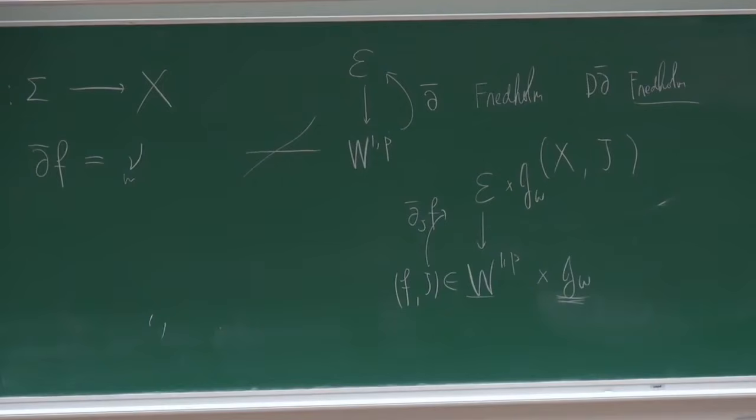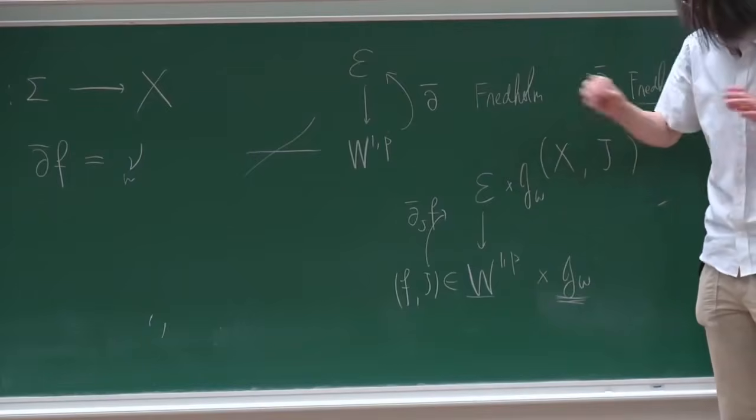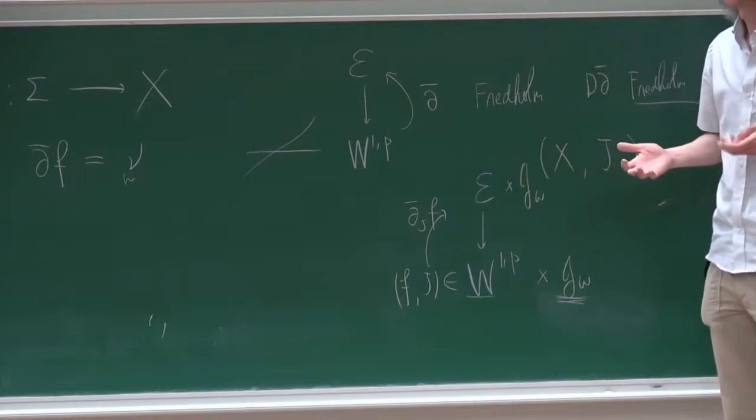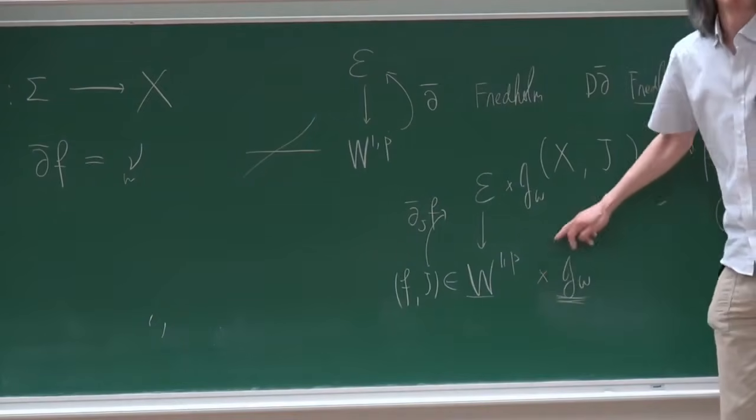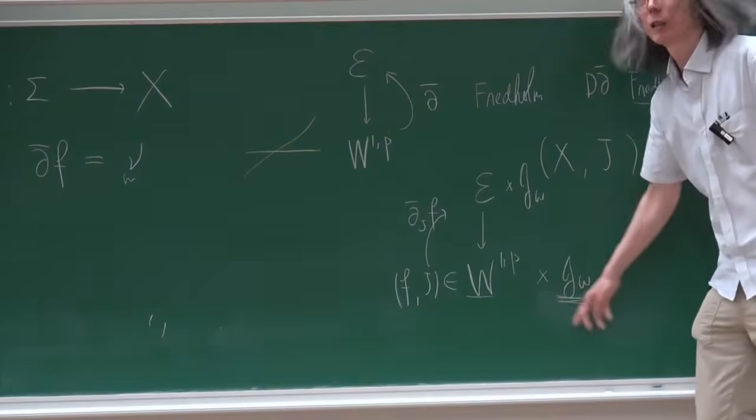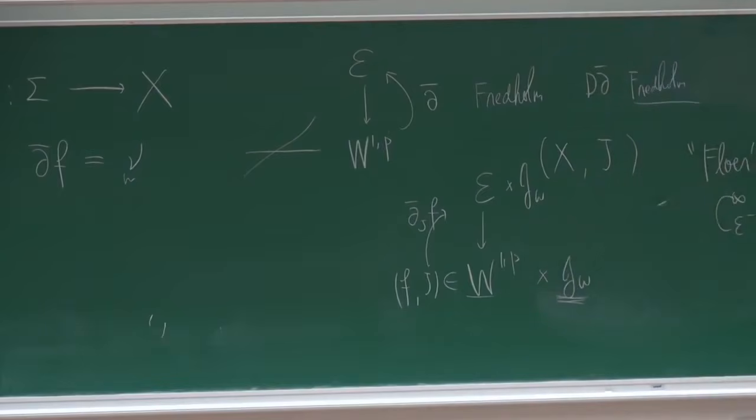But there is a way to take a certain subset of C infinity almost complex structures so that this one is a Banach manifold. That is the so-called Floer's C infinity epsilon. So there is Floer's idea for how to consider this space as a Banach manifold. Or maybe you can also consider C^k almost complex structures and so on. But anyway, you have this, right?